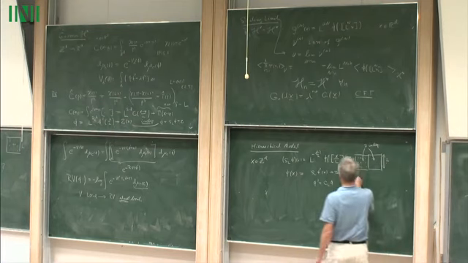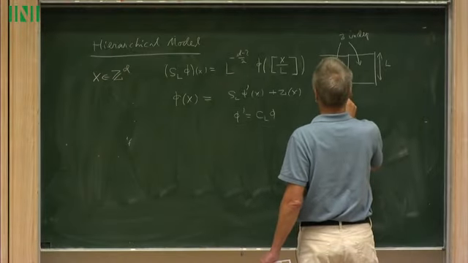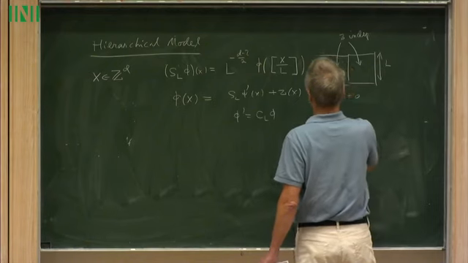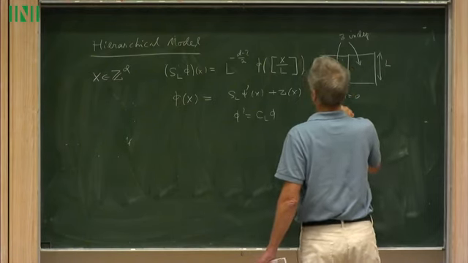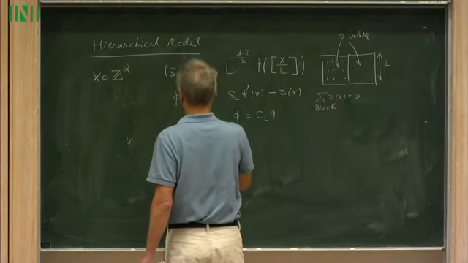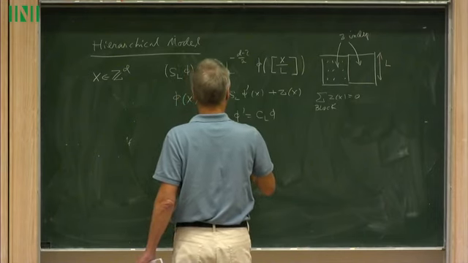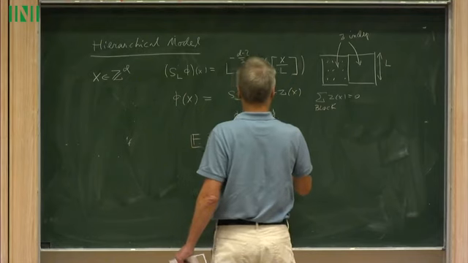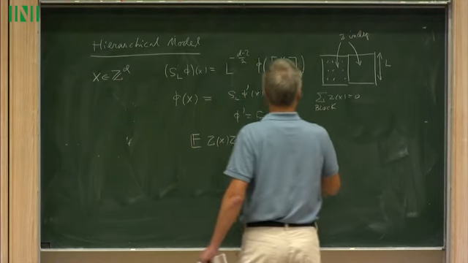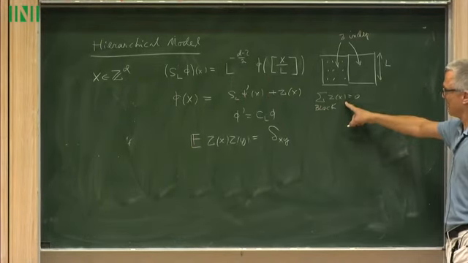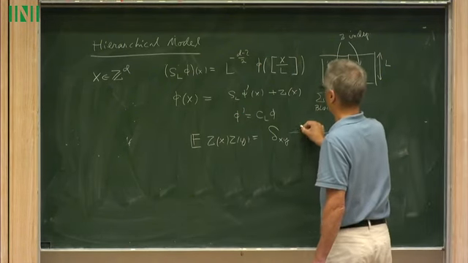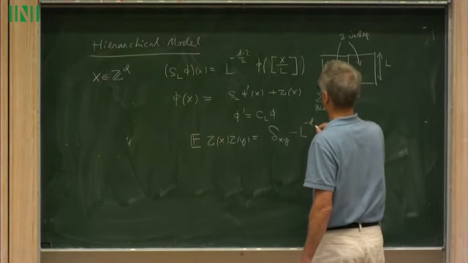The only constraint being that the sum over Z_x is 0 in the block. So concretely, the expected value of Z_x and Z_y is just delta_xy subject to this constraint. If you write that constraint, it turns out to be like this. You can check it yourself.